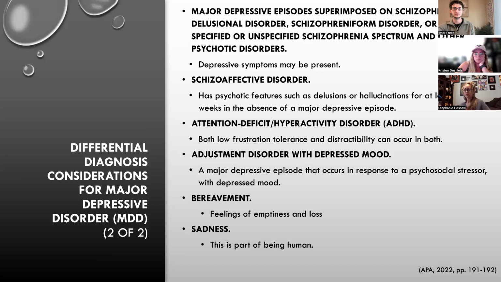Depressive symptoms may be present, but most commonly those are considered associated features. With schizoaffective disorder, they have psychotic features such as delusions or hallucinations for at least 2 weeks, and there's no major depressive episode.